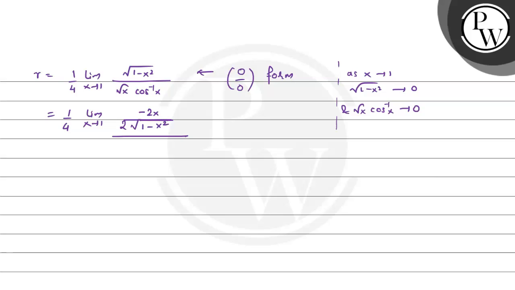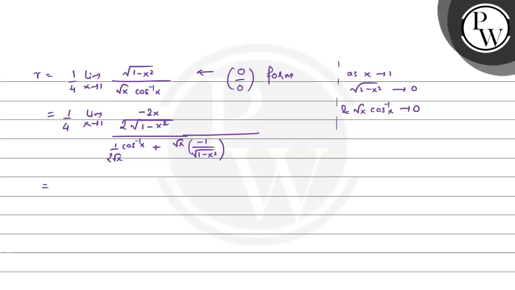So here we have 1 by 2 square root of x times cos inverse of x plus square root of x as it is times minus 1 divided by square root of 1 minus x squared. Now let's simplify this.